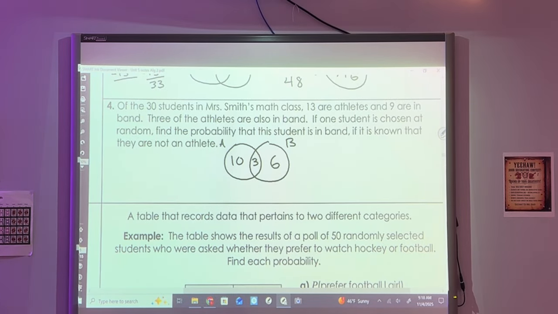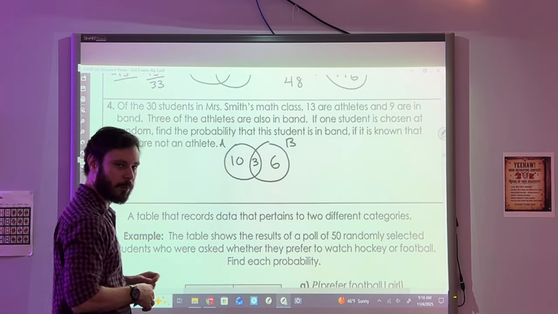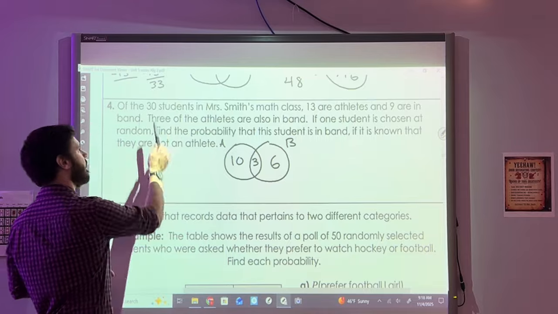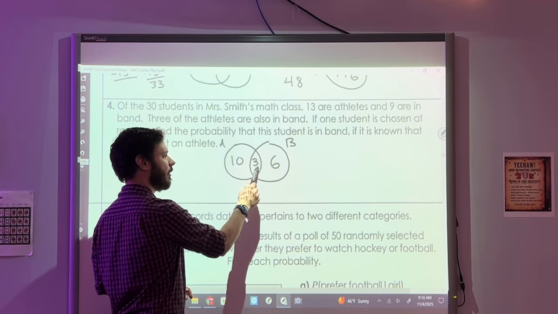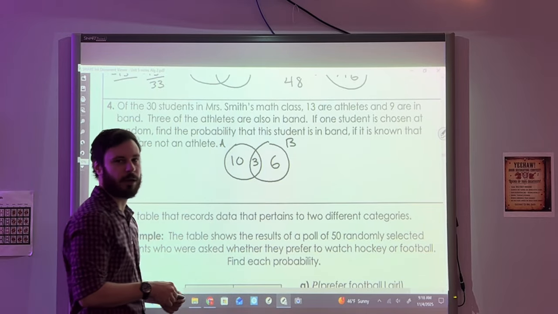Okay. If one student is chosen at random, find the probability that this student is in band if we know that they're not an athlete. Okay, so quick pause. There are 30 kids in this class. The most astute of you may notice that there are not 30 kids represented in my Venn diagram.